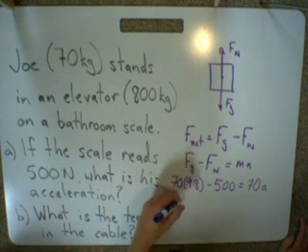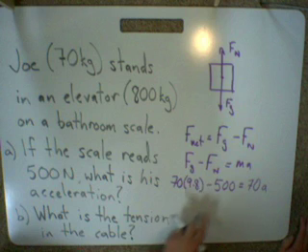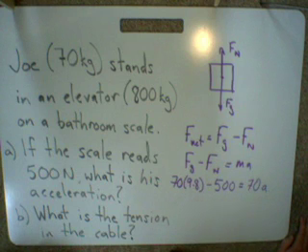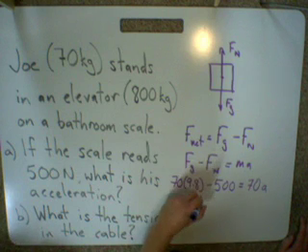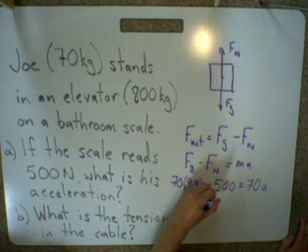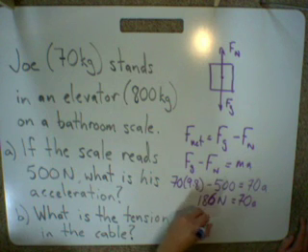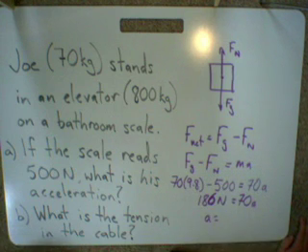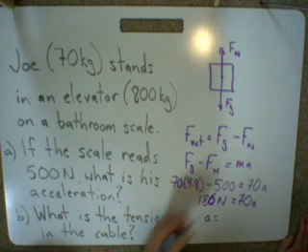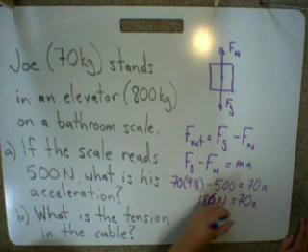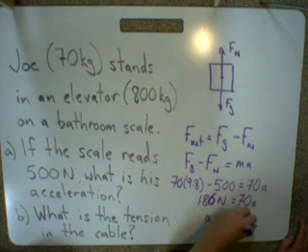Now, if we use our calculator and take 70 times 9.8, we get 686 newtons. Minus 500 is going to be 186 newtons equals 70 times A. And you solve that for A, and you get 2.66 meters per second squared.